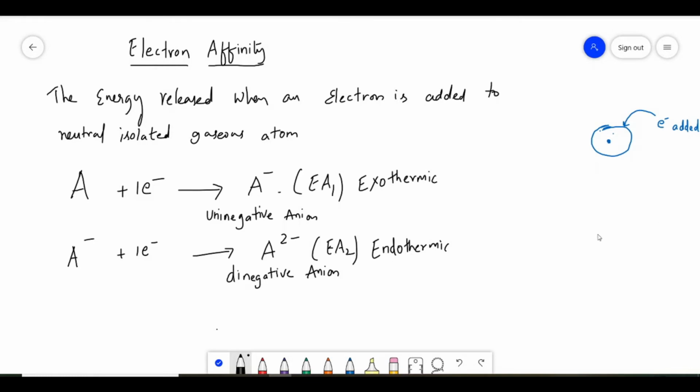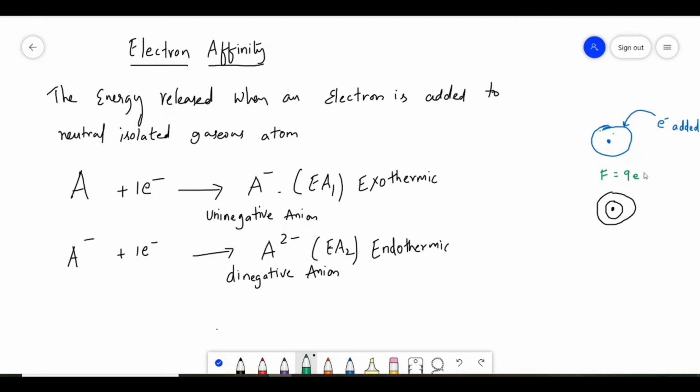Suppose let us take a fluorine atom. This is the nucleus, this is the first orbit, and this is the second orbit. In fluorine, the number of electrons is equal to 9.